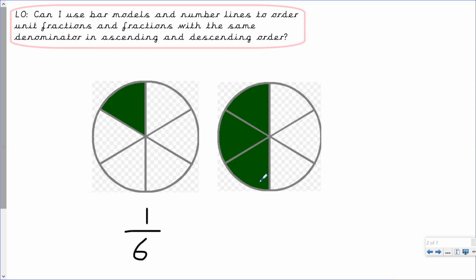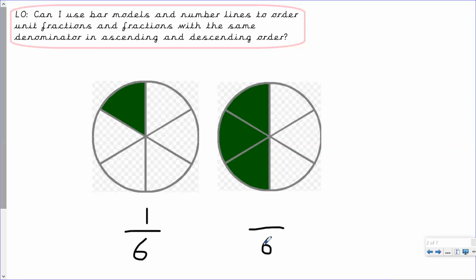And then this other shape, let's see how many parts it's been divided into. 1, 2, 3, 4, 5, 6. And 1, 2, 3 parts are shaded this time instead of one part. So it's still divided into the same number of equal parts, which is 6.